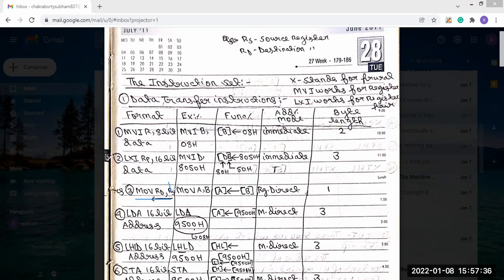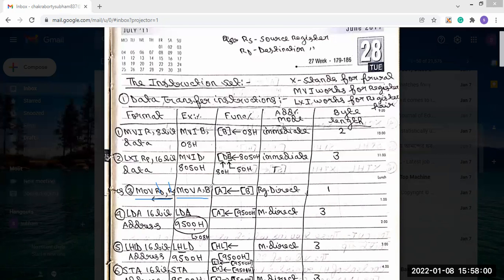Rs is the source register, and Rd is the destination register. So the command will look like this: MOV, the destination register name should be mentioned, comma, the source register name should be mentioned. For example, MOV A, B.